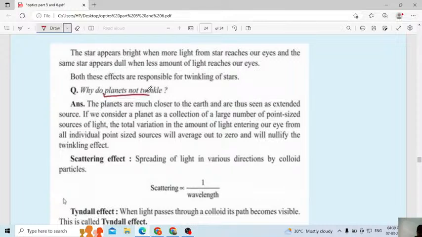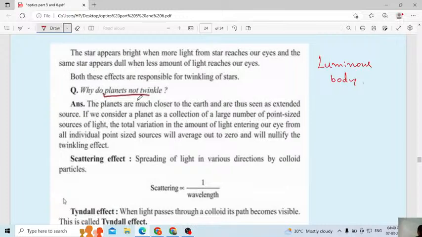Our body is not a luminous body. See the spelling, luminous body. Our body is not a luminous body because we do not produce any light. Correct? Star is one of the important luminous bodies because it emits its own light. That's why in the night you can observe the star twinkling.